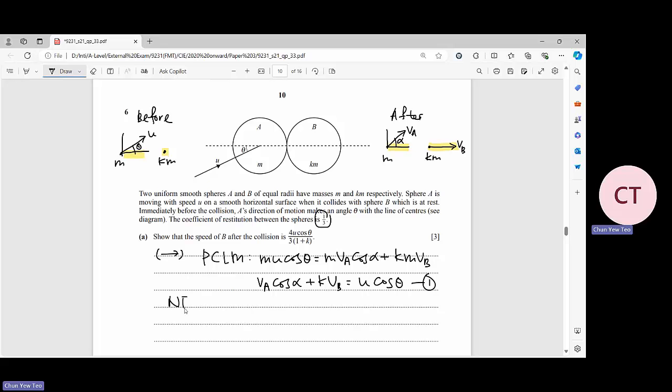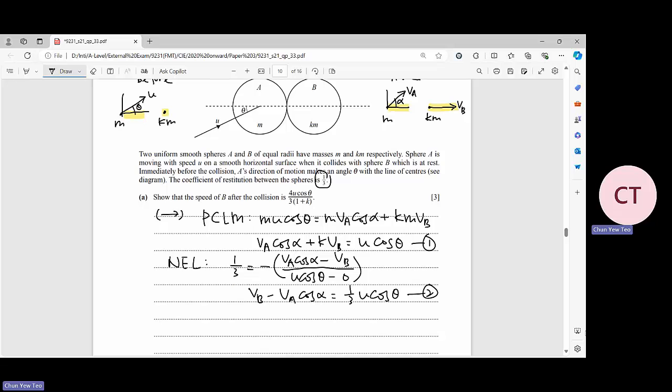Then considering Newton's experimental law, the NEL, the coefficient of restitution, 1 over 3, is equal to the negative of vA cos alpha minus vB, divided by u cos theta minus 0. So you will have vB minus vA cos alpha equal to 1 over 3 u cos theta. That will be your second equation.